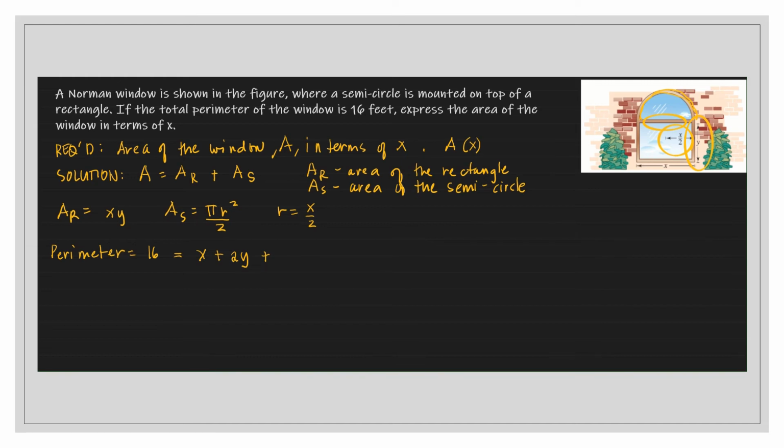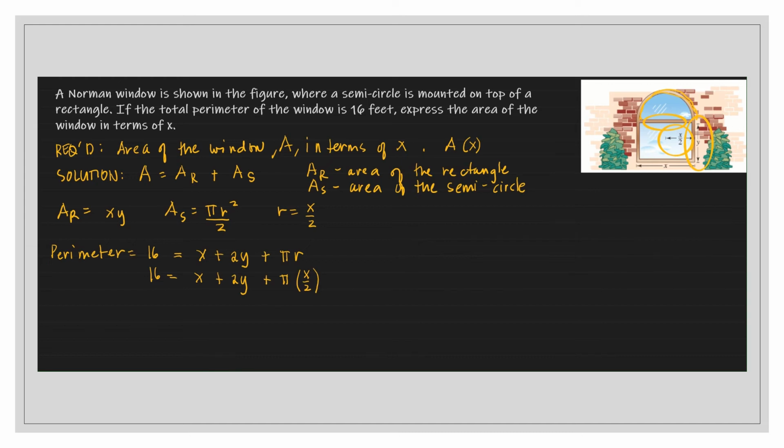So 2 pi r is the perimeter, or the circumference, of a circle. Since this is a semicircle, we divide that by 2, so we get pi r. Again, we note that the radius is equal to x over 2. So we have pi times x over 2.